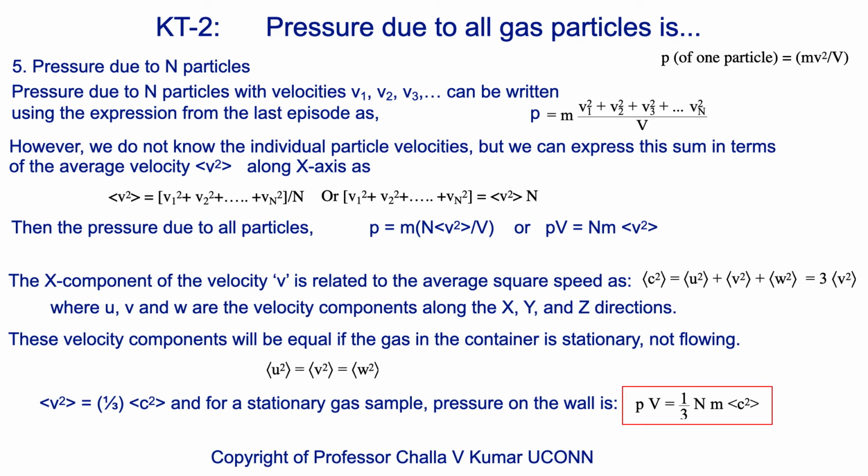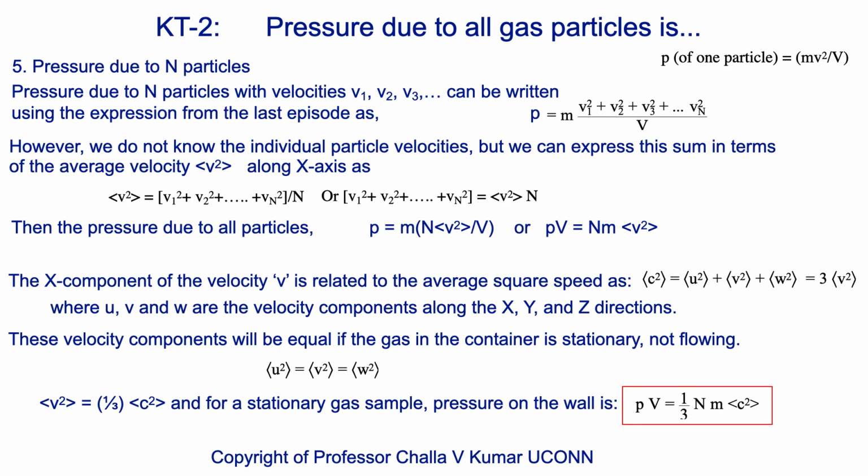So having recognized that, average c squared is simply equal to 3 times the average squared velocity along any particular axis. We can replace our v squared in the pressure expression that we have derived. So v squared then equals 1/3 c squared.